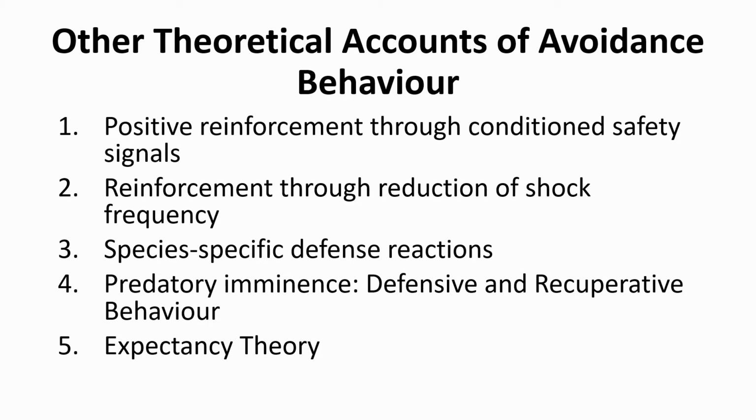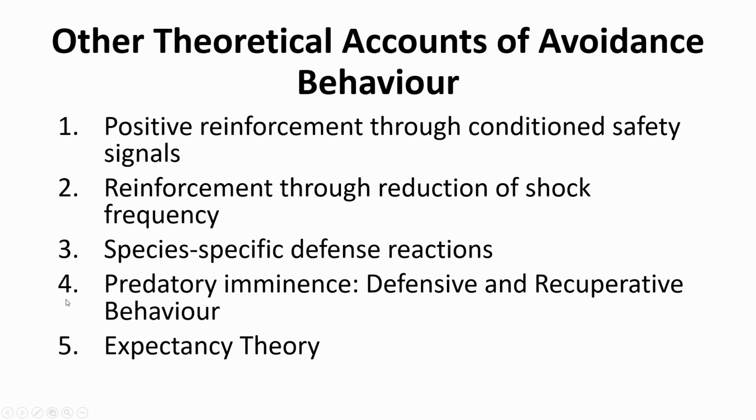Our last point is actually kind of in the opposite direction to everything else that we've pointed out here. The idea of expectancy theory flies in the face of our other proposed theories. The first four were described as fairly low level in terms of cognitive involvement. These are either innate occurrences or things that have been learned through experience.